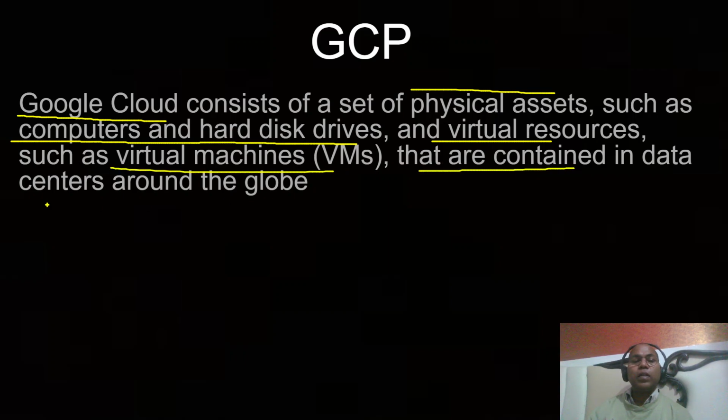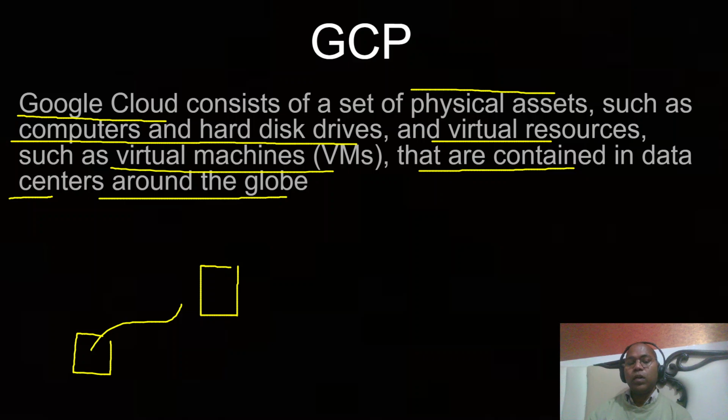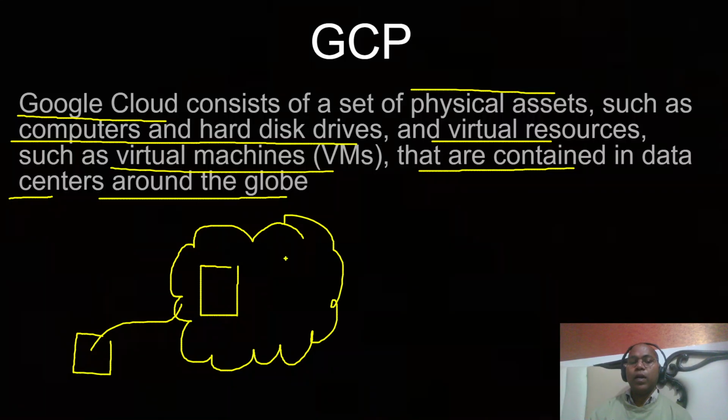All are contained in data centers around the globe. Whenever we as developers want one machine, the cloud service provider GCP offers that on the internet: you can demand, hey, I need one Linux machine of this RAM, this CPU.